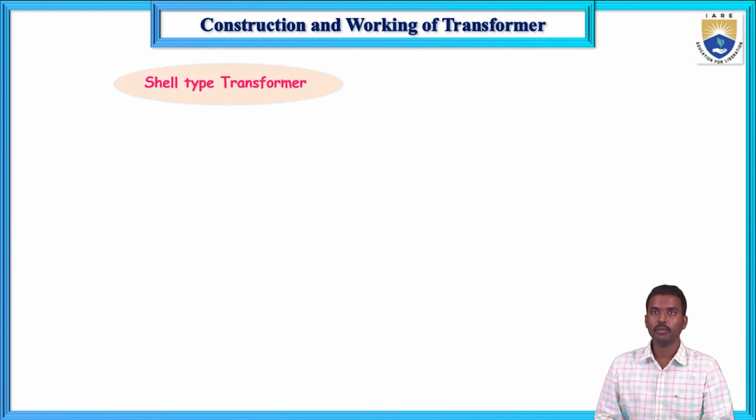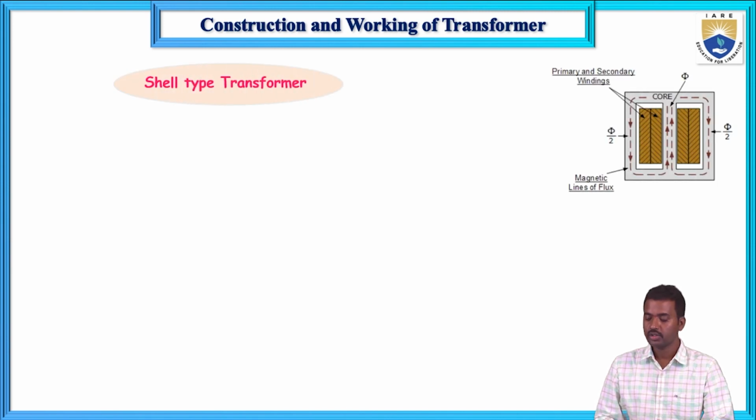Next, the shell type transformer looks like this. Here we have three limbs. This is the core, and another extra limb is here. The primary winding and secondary winding are wound on the middle limb. Here there are three limbs, and this is the magnetic flux.